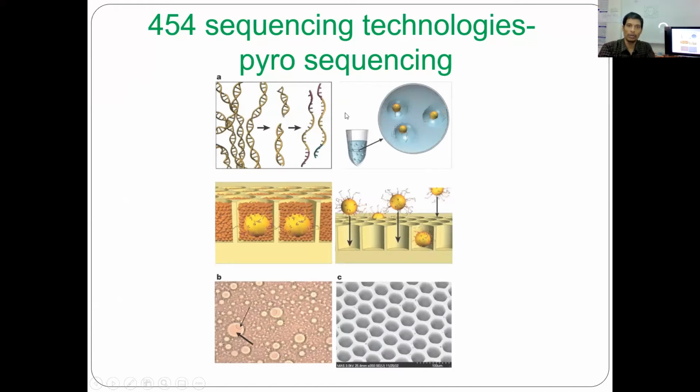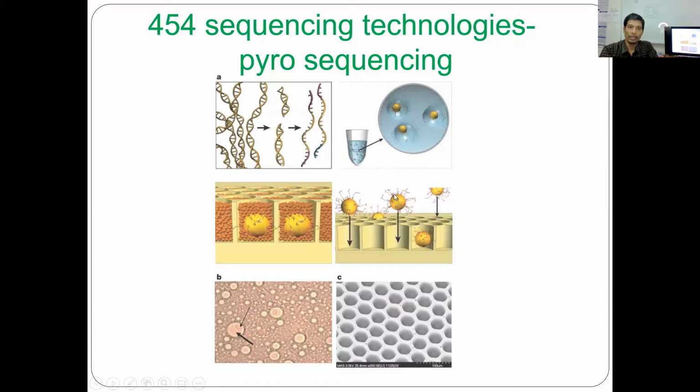Then you introduced it into the emulsion, which has oil droplets. Each oil droplet has a bead, and the beads have immobilized primers. Once it attaches, it makes multiple copies of the same.